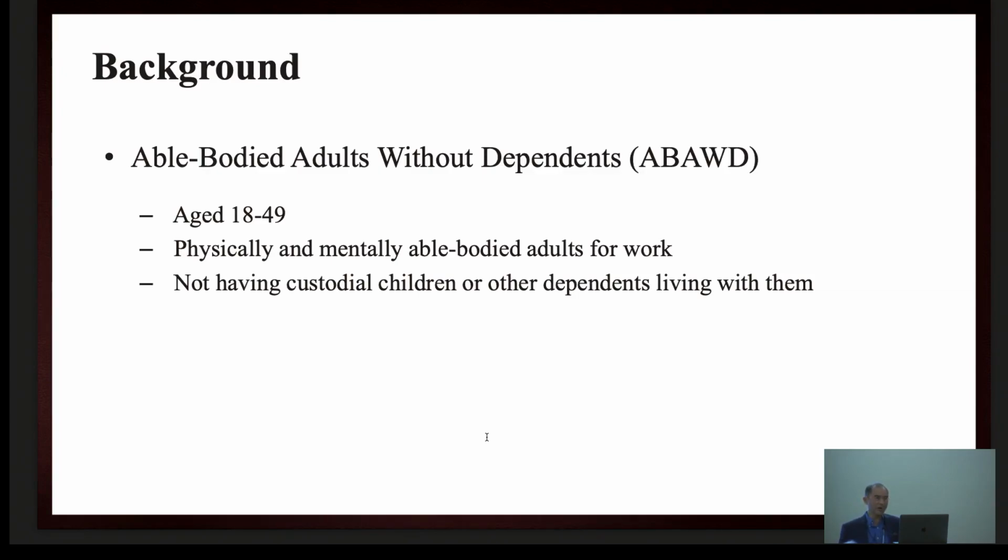Okay, so that's the ABAWD. But as I've mentioned, there's the debt ceiling limit that was agreed upon, I think it was last month, that raised this age threshold, if you will, to, I think, 54. And that has significant implications as well.